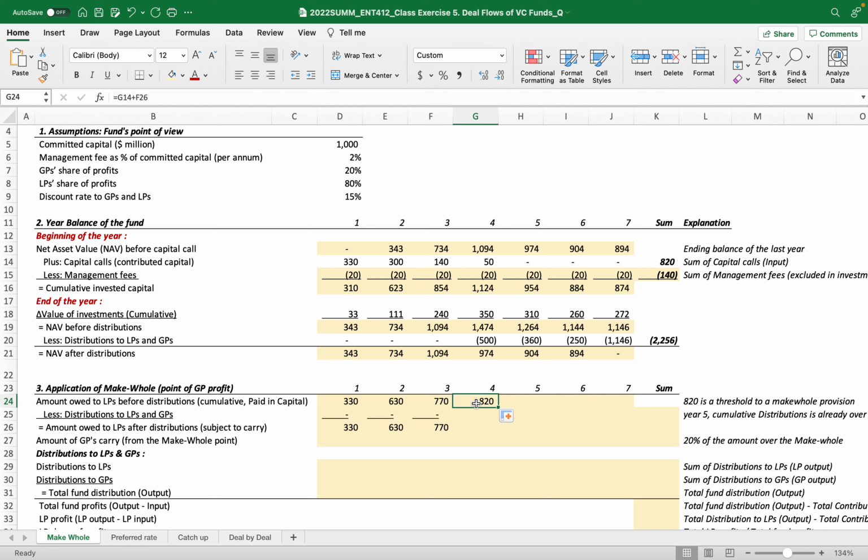This is the full amount of the paid-in capital. Now, the first time 500 is distributed, right? That is the distribution to the LPs. So the remaining amount is 320. The purpose of doing this part is to identify the time of the make-whole provision.